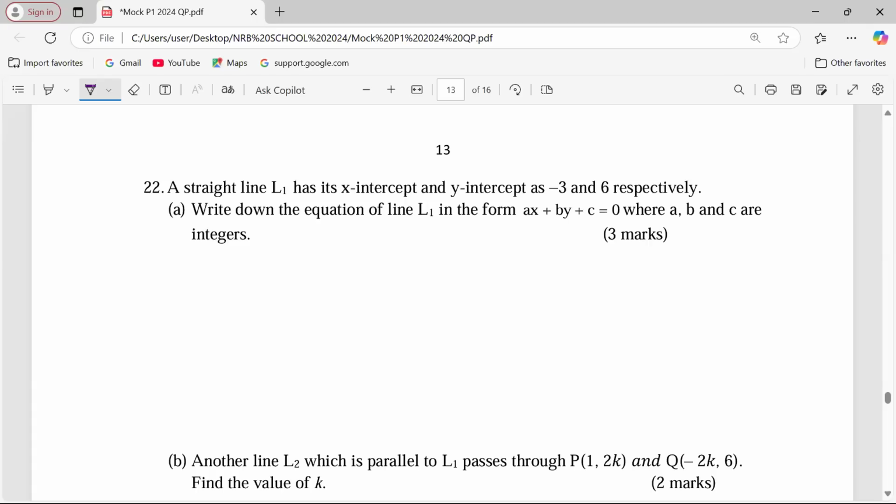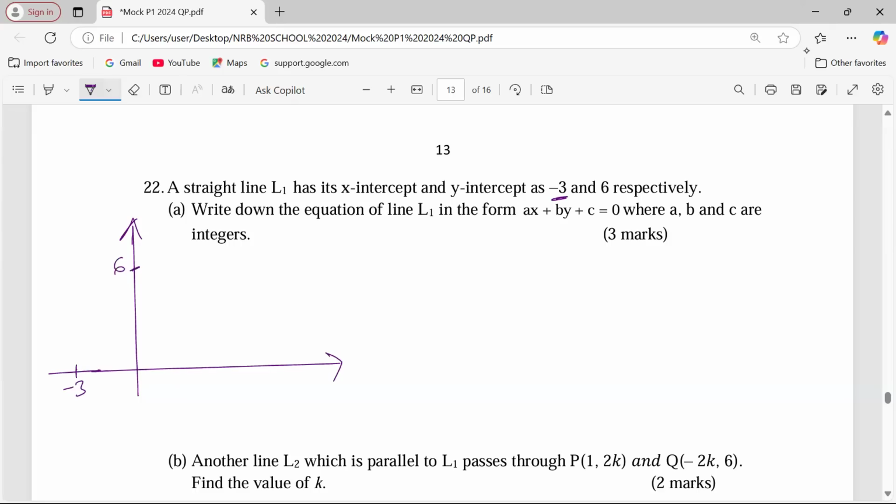Very simple question. Now to interpret this, remember, you're supposed to interpret the intercepts as coordinates. Let me just interpret intercepts for people, for them to know what we are saying. Assume this is our Cartesian plane. The x-intercept and y-intercept, respectively, are -3 and 6. -3 is a point here, and 6 is a point here.